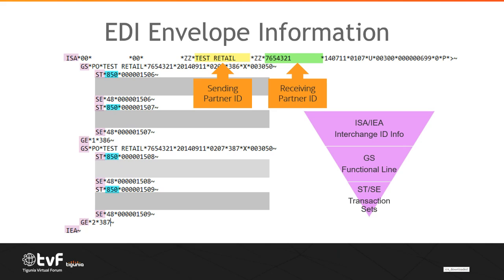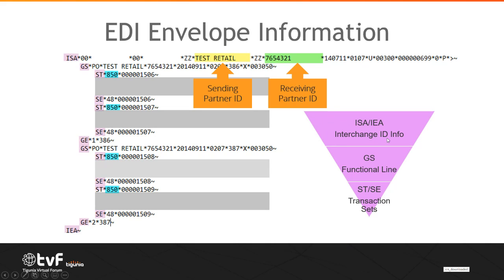First of all, if we break down that file I was just showing you, the first 3 lines and the last 3 lines, which match the purple pyramid that we have here, are what we call the envelope information. EDI files in the X12 format always start with ISA as the first line and end with an IEA.